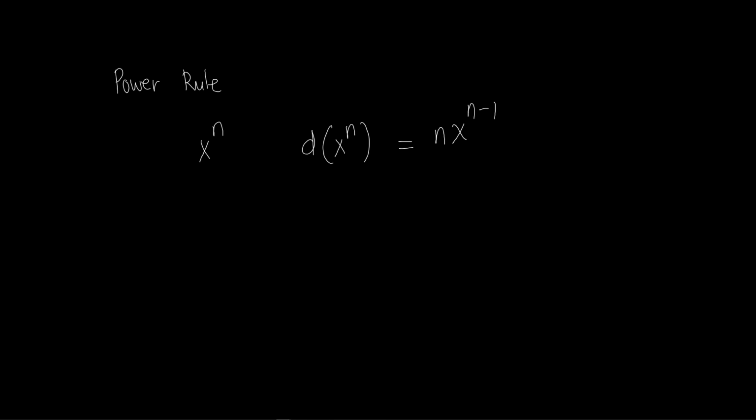Yun yung rule niya. So, for example, we have x raised to the power of 5. Ano yung derivative ng x raised to the power 5? Kukunin yung 5, magiging 5 yan, x, tapos yung 5 minus by 1. So, magiging 4. So, ganun yung ginawa dito.